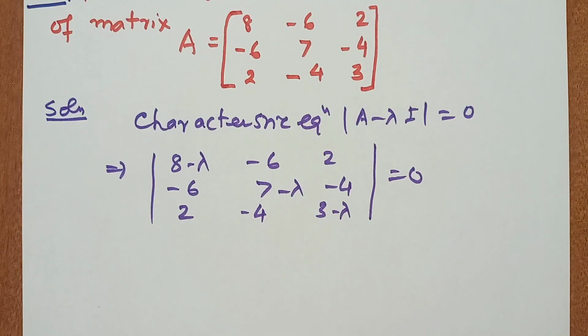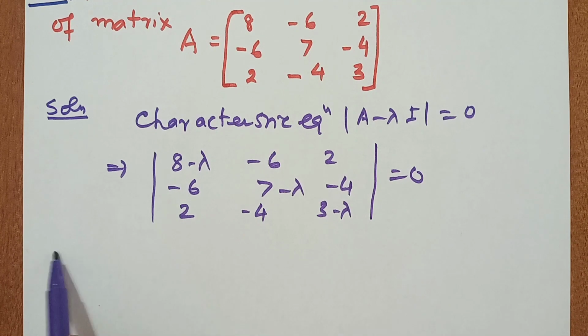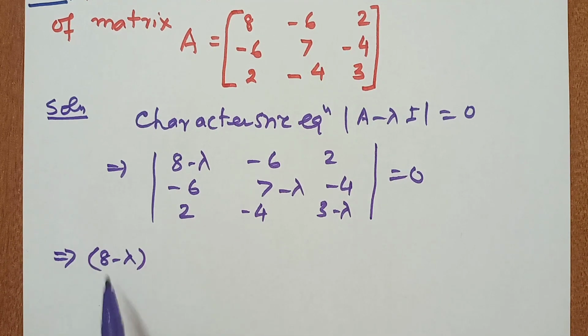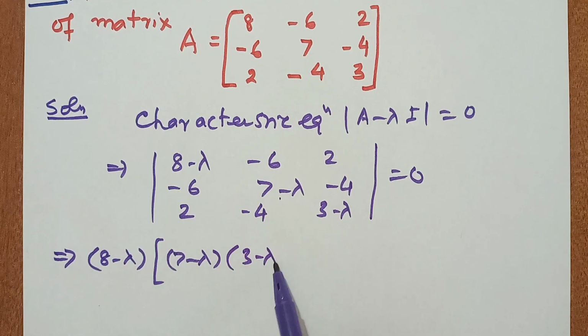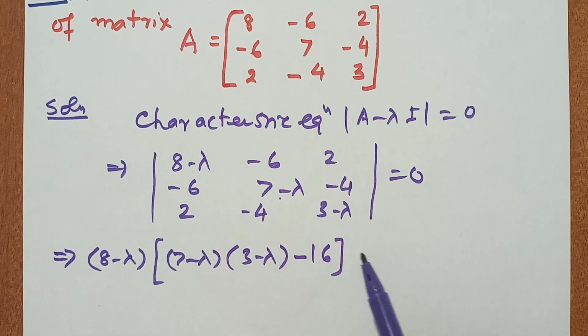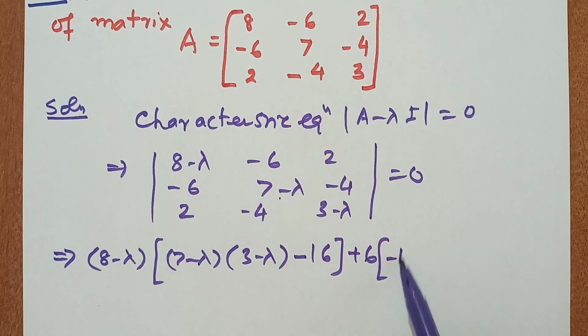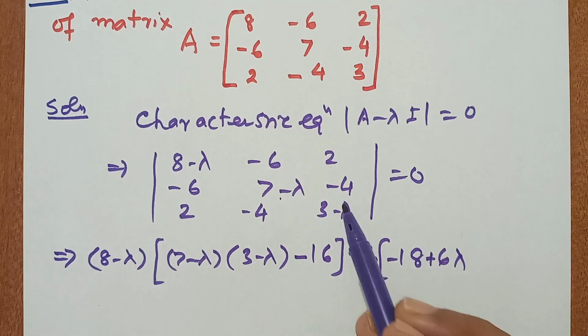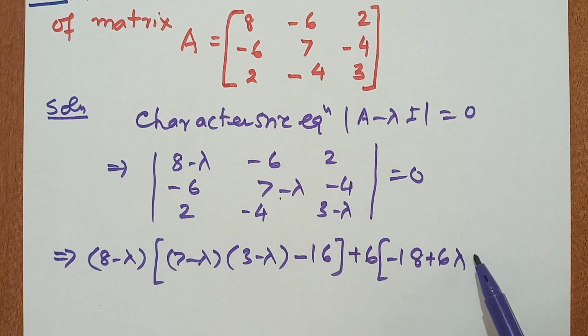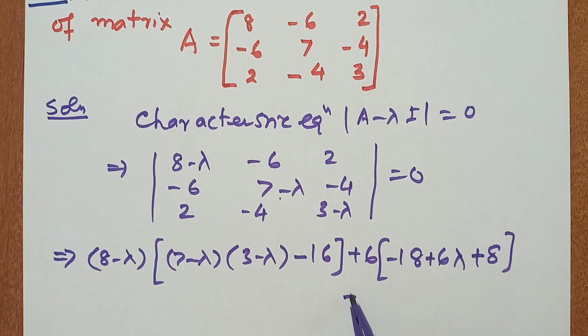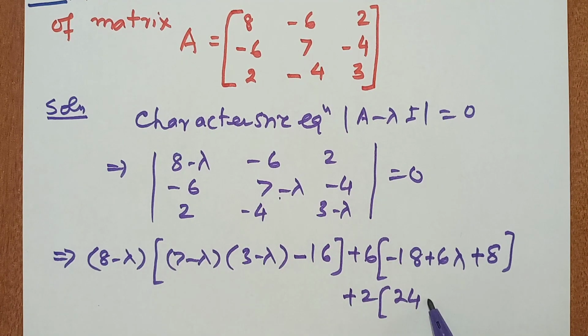This is a determinant which is very easy to solve. 8 minus lambda into (7 minus lambda)(3 minus lambda) minus 16, plus 6 into (minus 18 plus 6 lambda minus 8), plus 2 into (24 minus 14 plus 2 lambda).